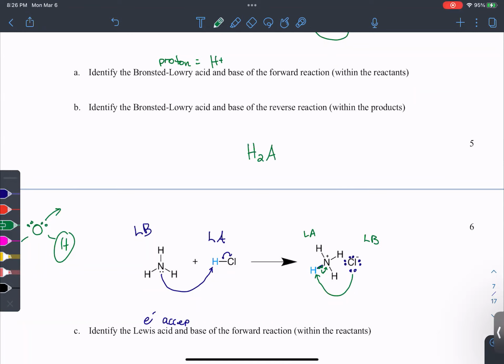It is very likely it will donate protons. So to me, that's a Bronsted-Lowry definition. Or if we had something like HA minus, with a negative charge, it's very likely that this would accept an H+. So that HA minus may behave like a base. So again, it depends on what is easiest for you.